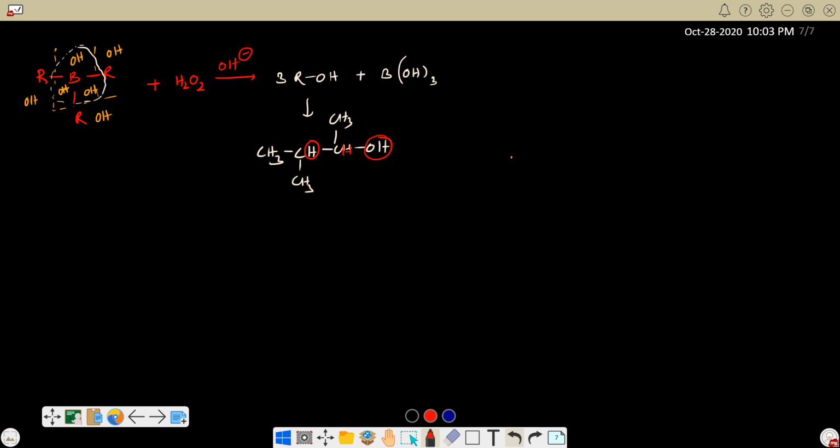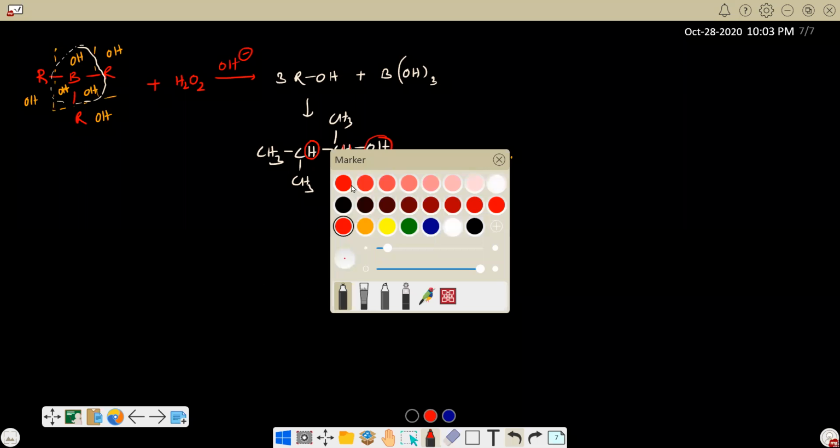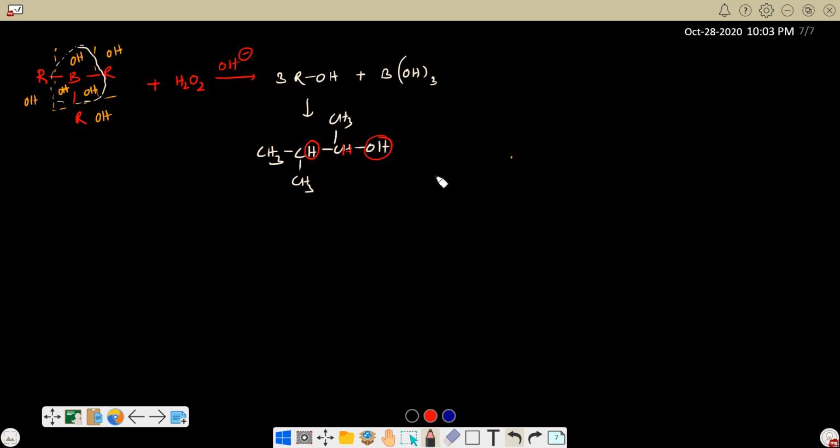Do remember the important points you have to notice for this reaction: it is syn addition, no carbocation, and the product is finally the anti-Markovnikov product.